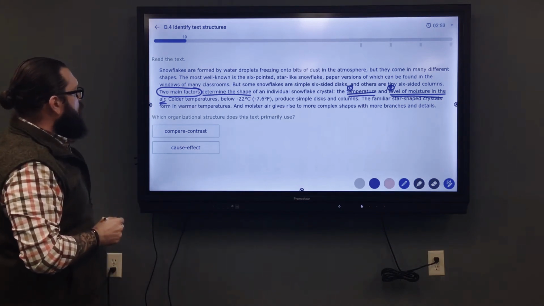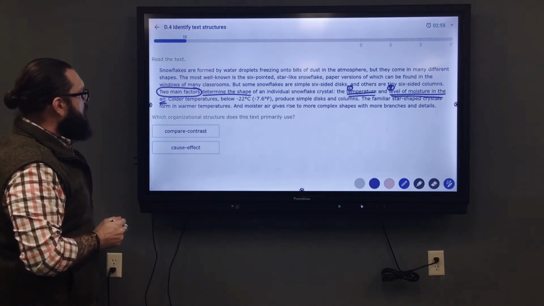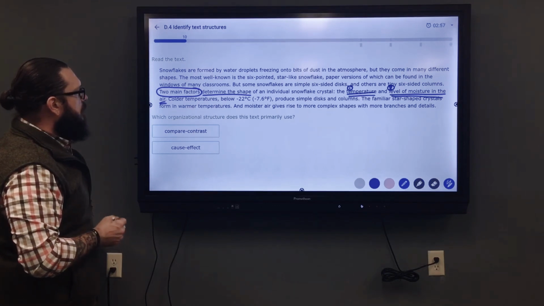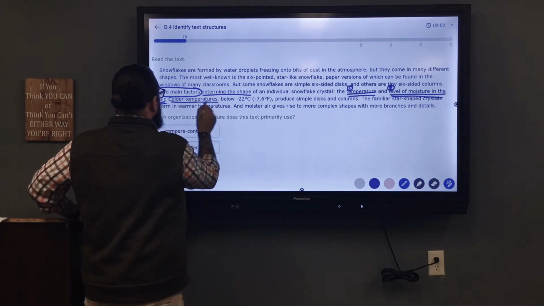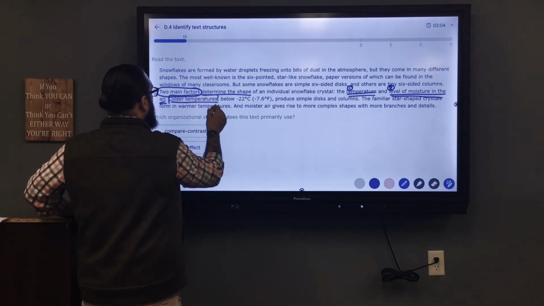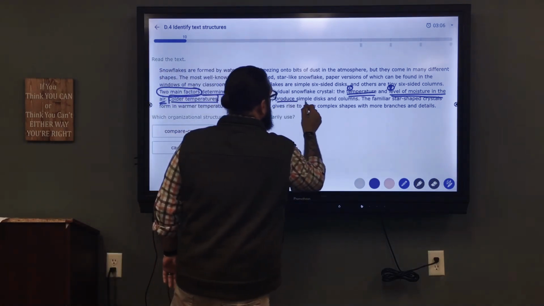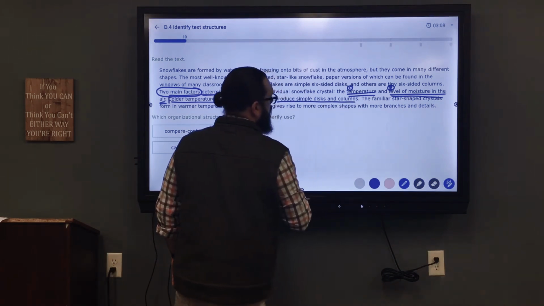So colder temperatures below -22 degrees Celsius produce simple discs and columns. We're told that the colder temperatures produce simple discs and columns.